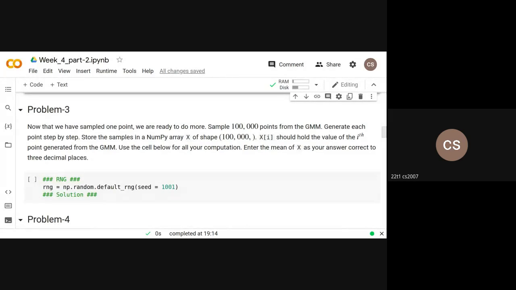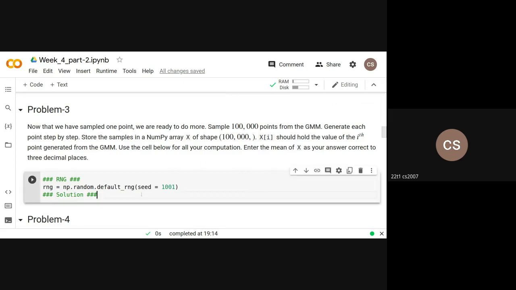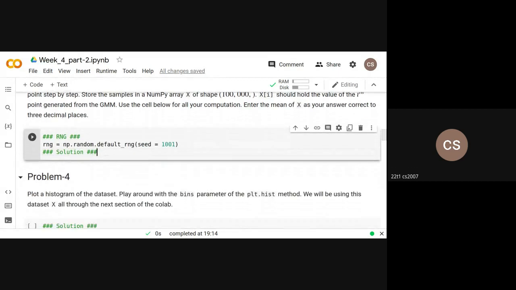Okay, so this is where the real challenging parts begin. What we did was just sample 1 point from a GMM, which is first pick a mixture and then sample a point from that corresponding Gaussian. Now you have to do this for 100,000 points. So what's a good way to approach this problem?